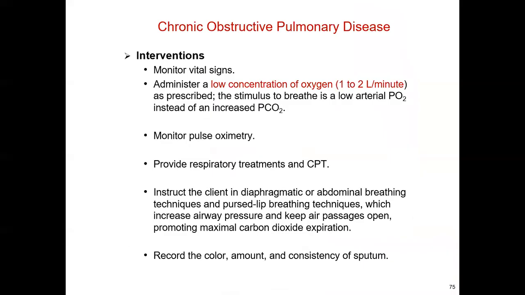So now let me go over the nursing interventions, or what teaching we could give our patient. First of all, assess the respiratory status. It is very important. Check the vital signs. Administer low-concentration oxygen, monitor pulse oximetry, and provide respiratory treatment and chest physiotherapy.